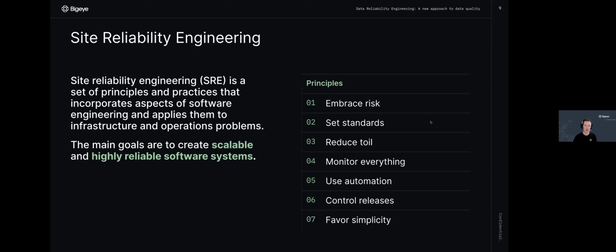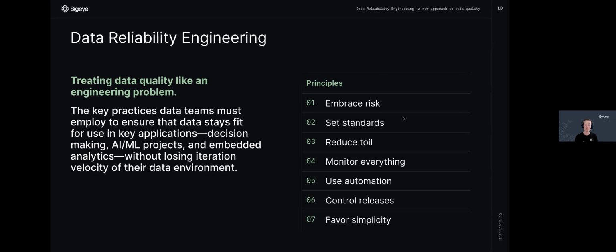So these are the principles of SRE. And if you look at them, they aren't specific to software. They are applied to software through SRE, but these are principles that you can apply to almost any job that you have. And if you apply this to the data side of the house, what you have is data reliability engineering.